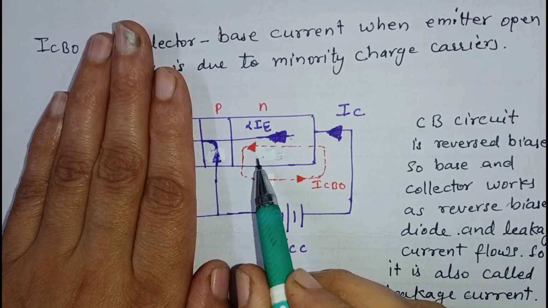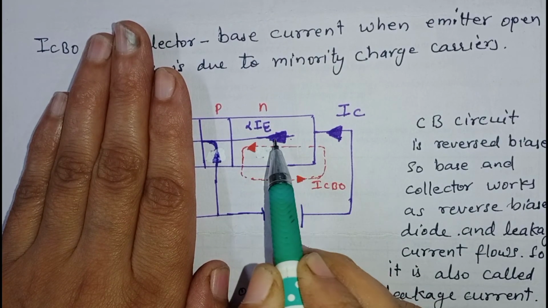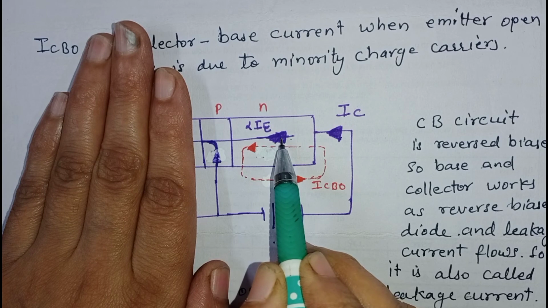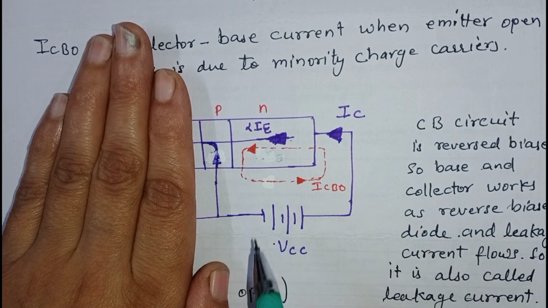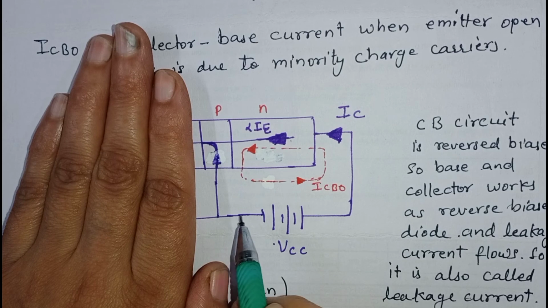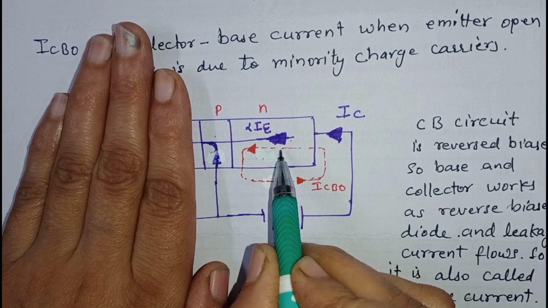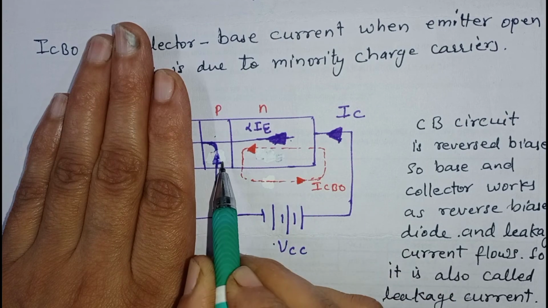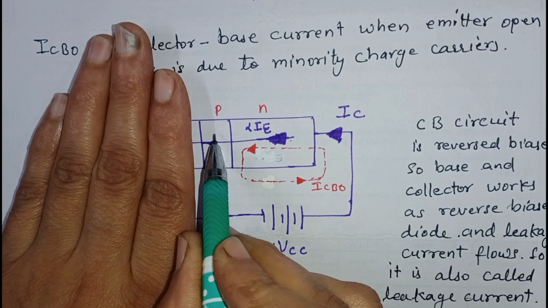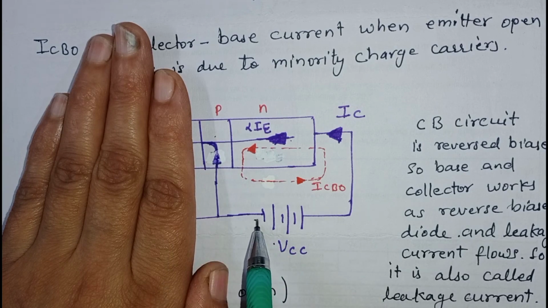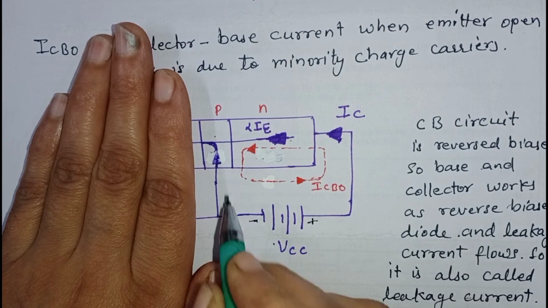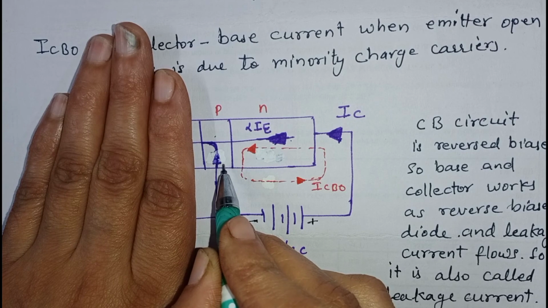The direction of this current is the same as the direction of the current due to majority charge carriers. Although this PN junction is reverse biased, for the minority charge carriers in this region and in this region, it is forward biased. The minority charge carriers here are electrons, and this is negative and this is positive, so it is forward biased for those minority charge carriers.